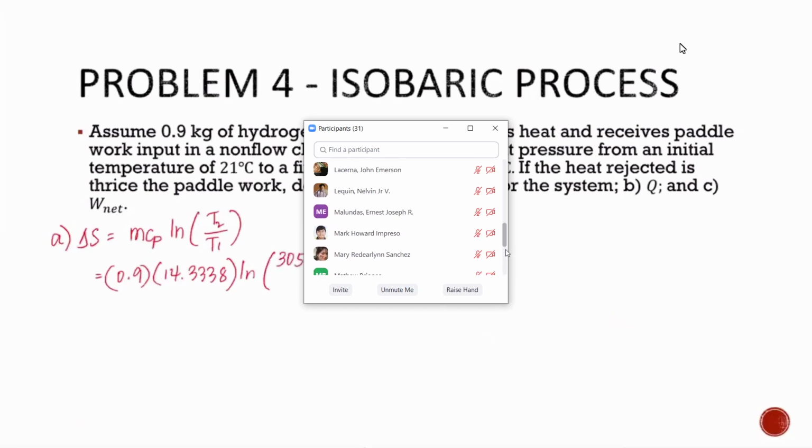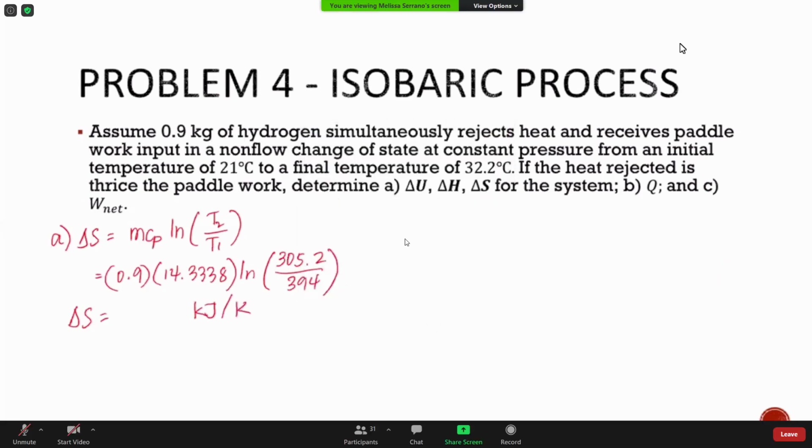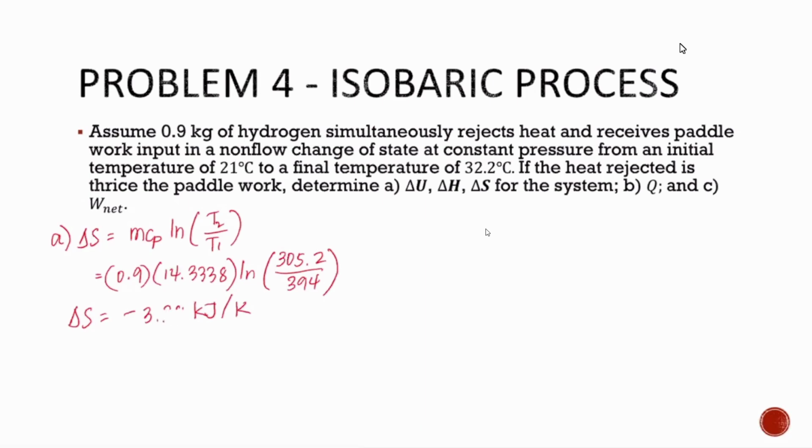So, yung mas maliit na value over 394. So, ang unit natin ng entropy is kilojoule per Kelvin. What is the value? Negative 3.29 po. Yan. So, let us proceed to letter B.